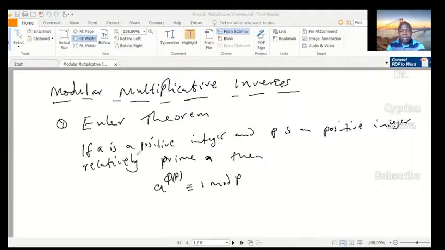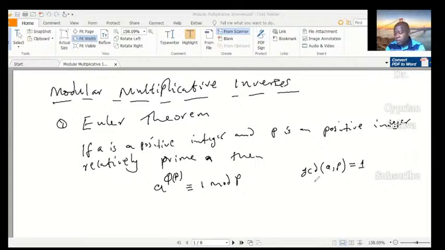Now it's good to note the conditions here. The condition is that a must be a positive integer, and p must be another positive integer which is relatively prime to a. What the word relatively prime means here is that the GCD of a and p must be 1.